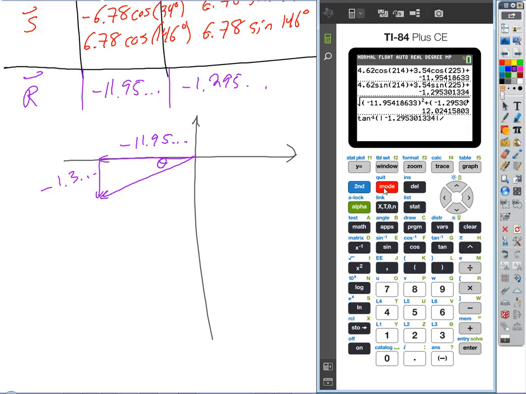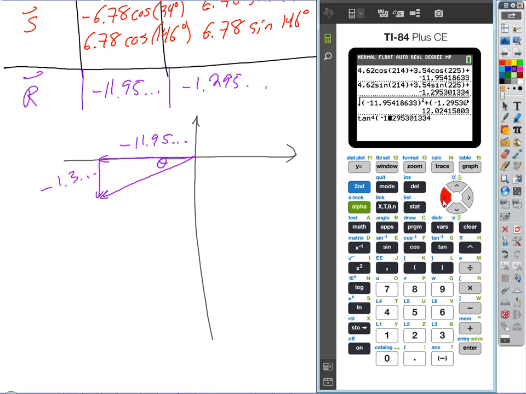So I could just divide by this guy. And then just go back. Oops. Did I mess that up? I really goofed it. Clear. Arctangent of that number. Make it positive. That's an efficient strategy.